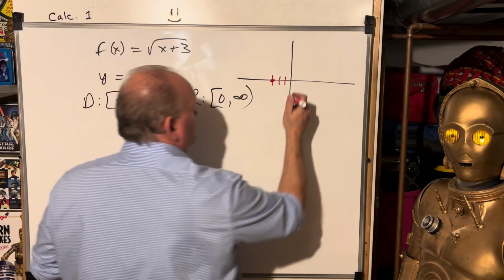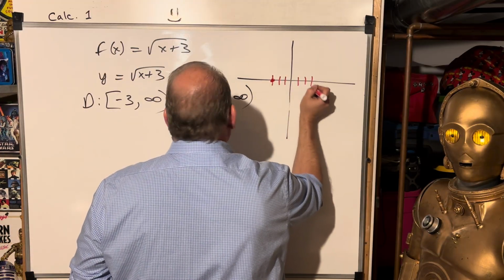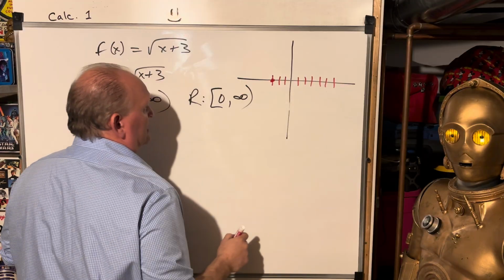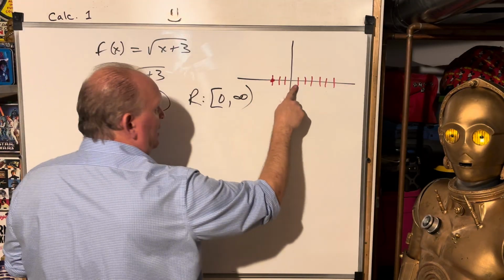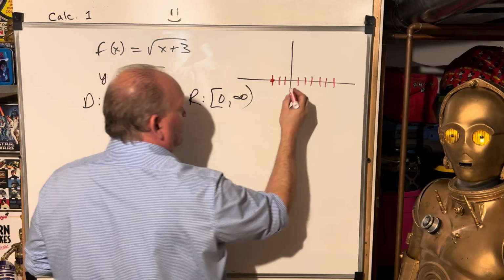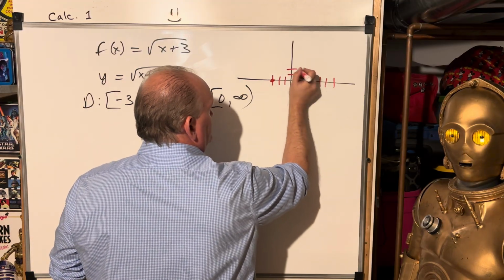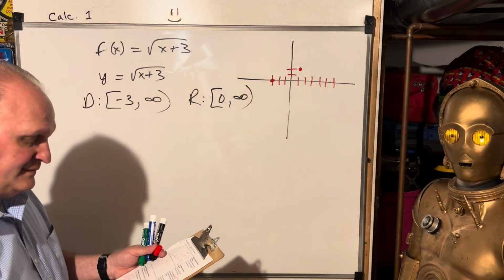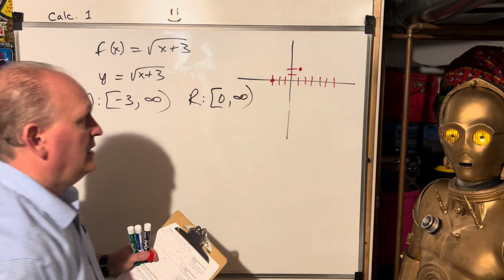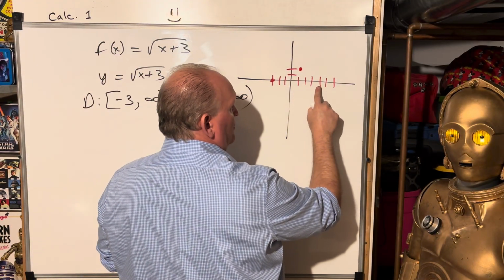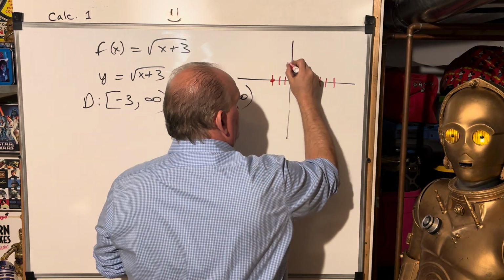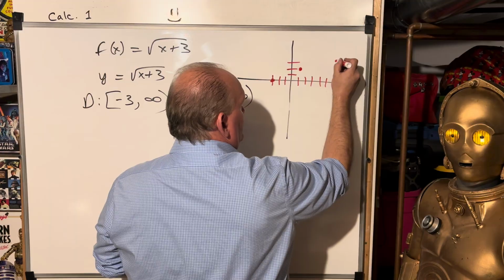Let's put in 1. 1 plus 3 is 4, and the square root of 4 is 2. And then 6 plus 3 is 9. The square root of 9 is 3.